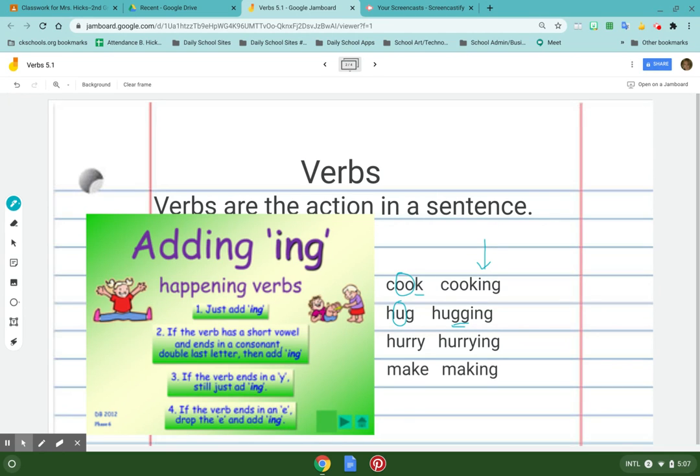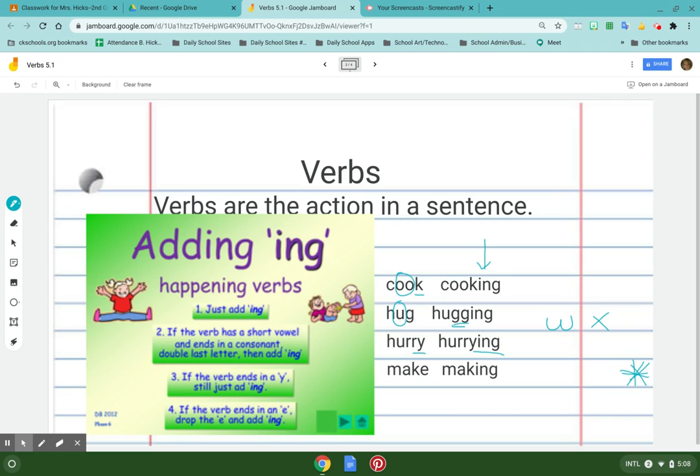Now the two that you don't do that to is the W and the X when a word ends in it. Now let's look at the third rule. If the verb ends in a Y, you just add ing. So there's our Y, and here I am adding the ing. Now, this is the big time rule that I really need you to remember.